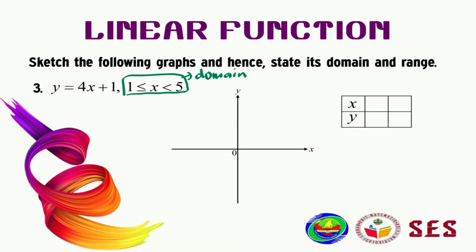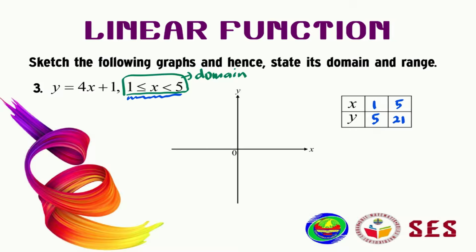For this case, we choose the values x equals 1 and 5 straight away. When we substitute 1 and 5, we get 5 here, and this one should be 21. So our graph can only be sketched within this area.